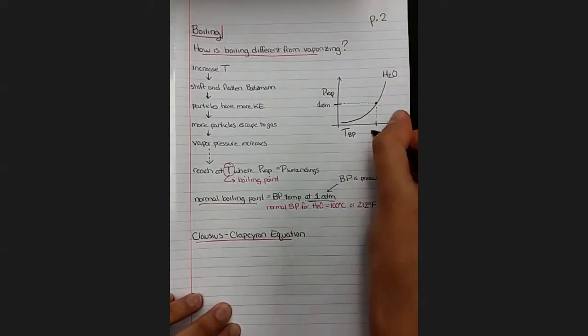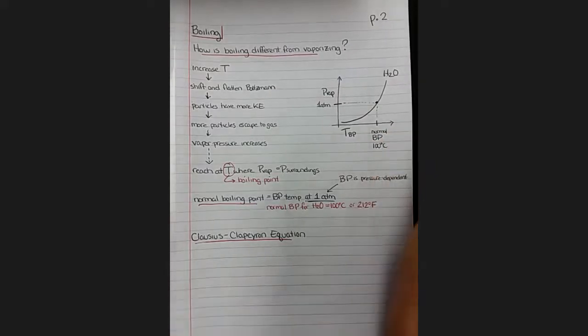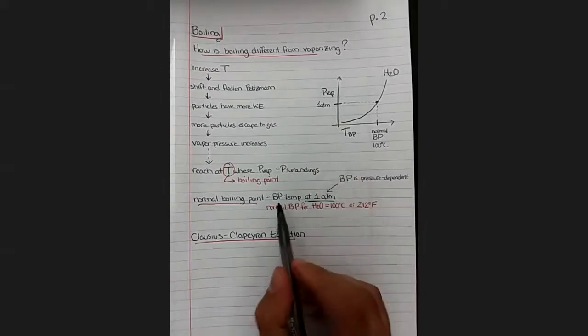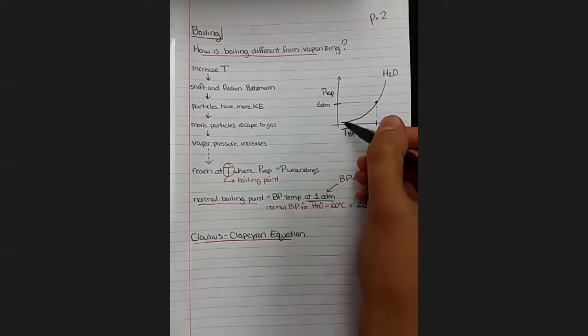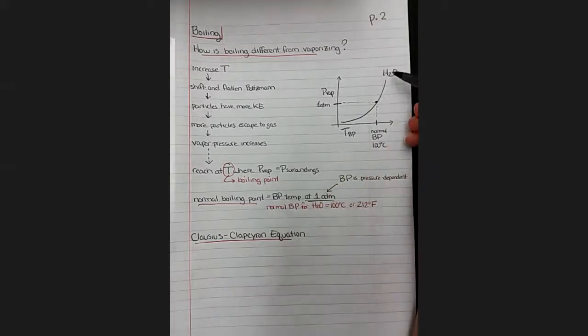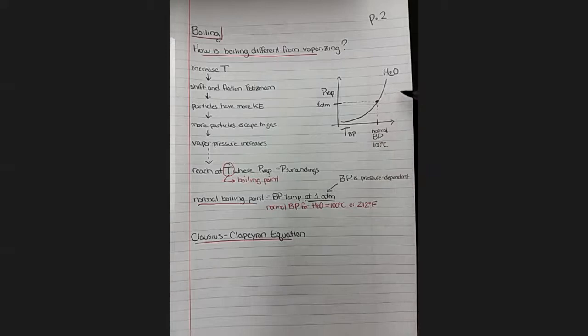So this is going to be our normal boiling point of 100 degrees. And so what we see is that instead of a boiling point, like we've been told, 1 temperature pressure coordinate, it's instead a boiling line. It's a series of different temperature pressure combinations that water can boil at.